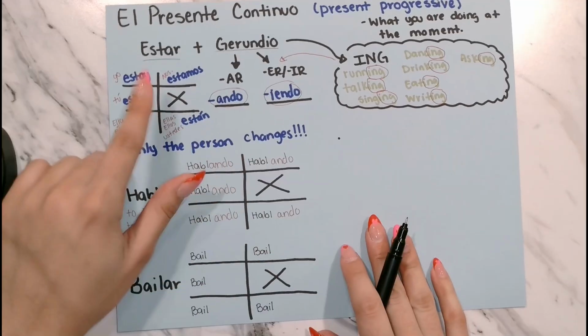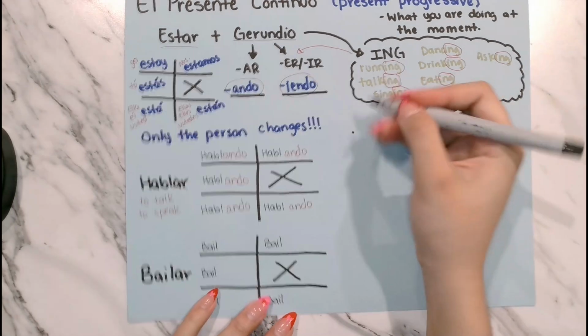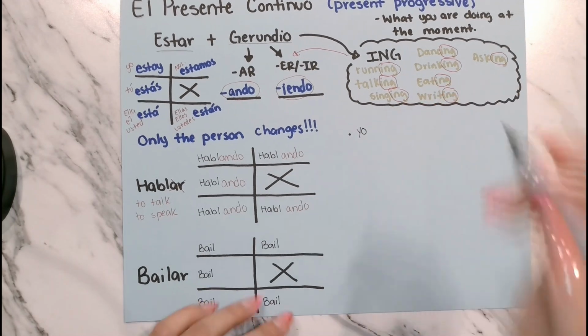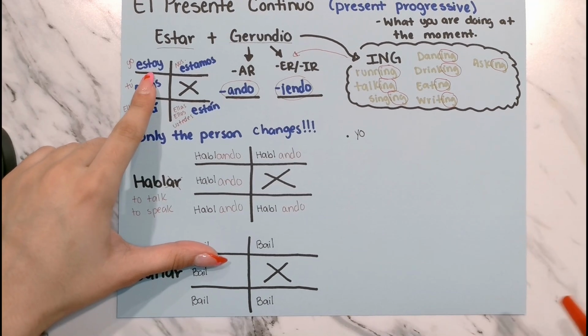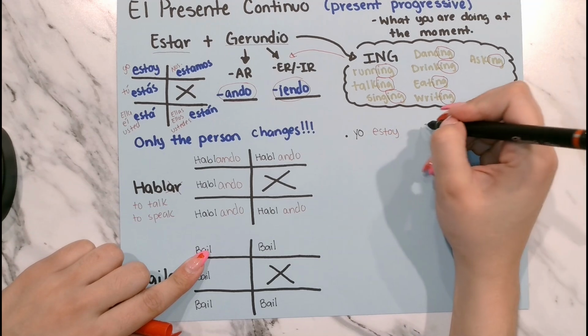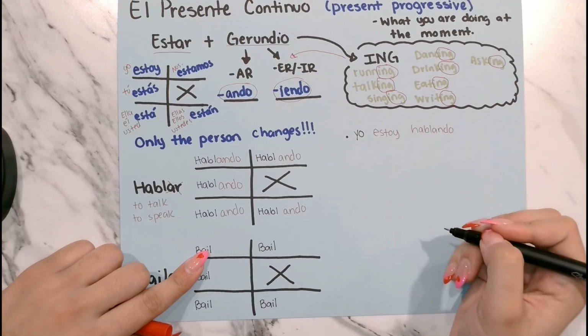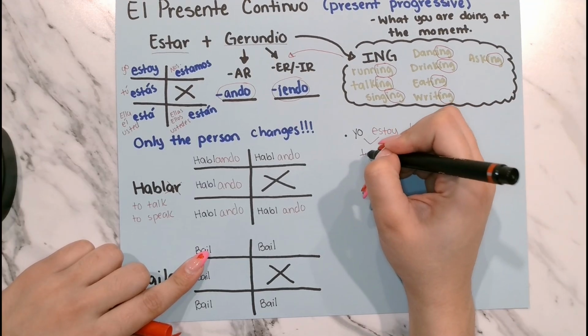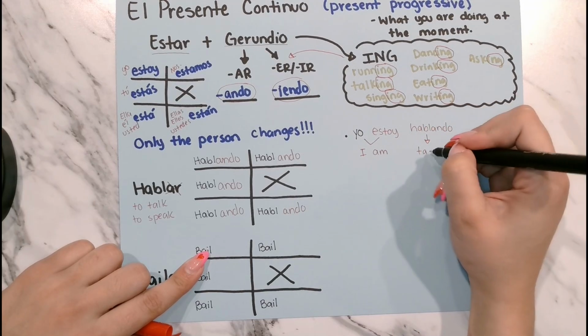The only one that is going to change is estar. For example, we have yo. Now, we're going to look at the yo en la forma de estar, and it's going to be estoy hablando. I am talking.